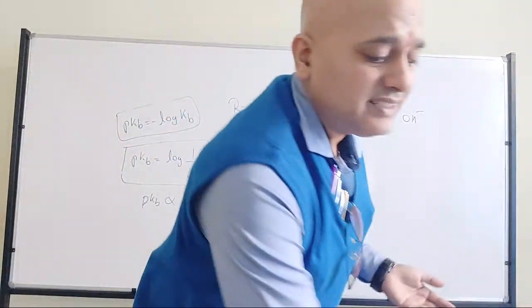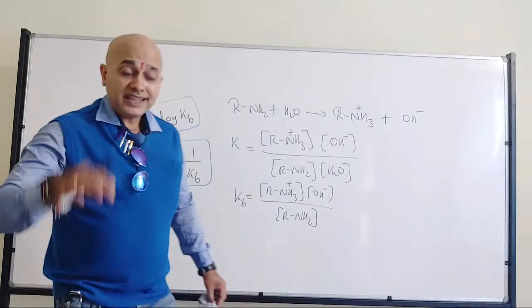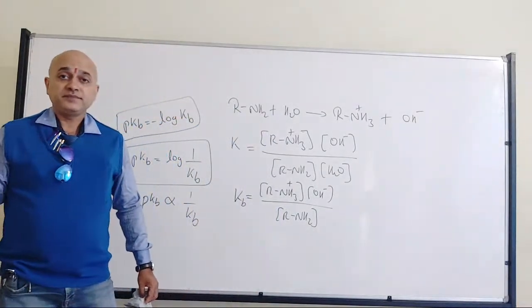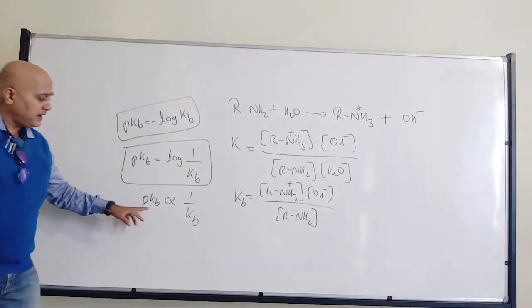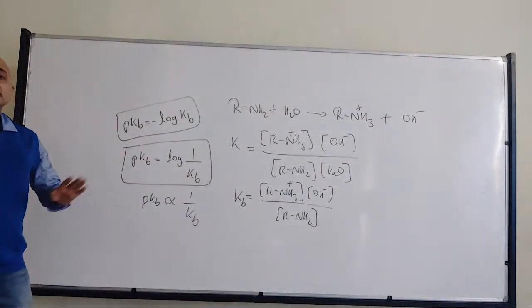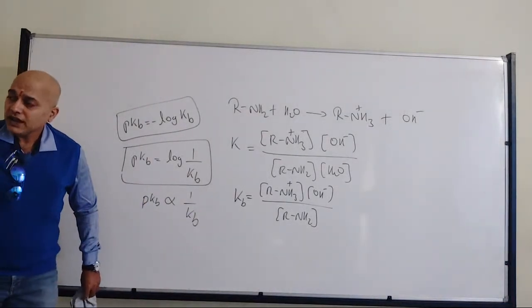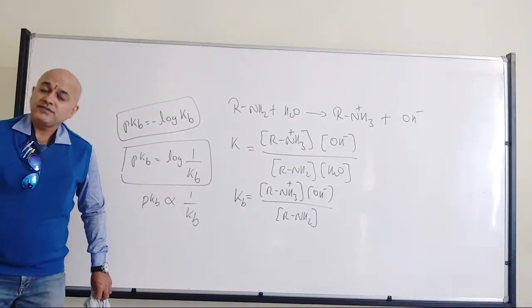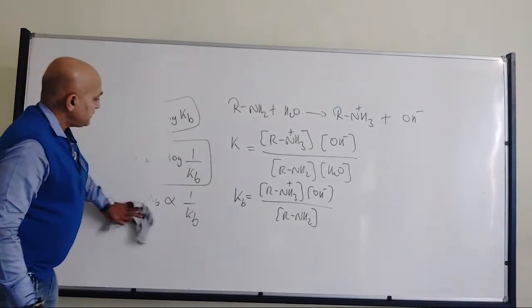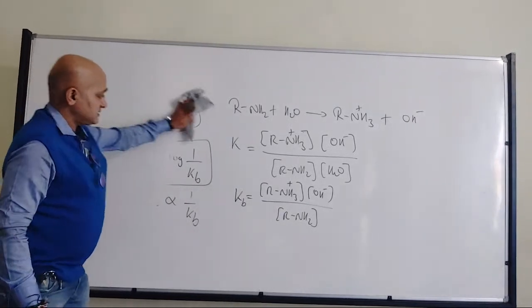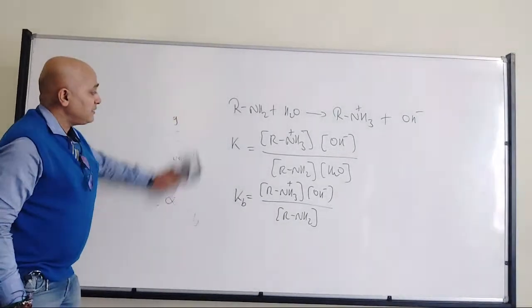As there is an increase in the H plus concentration, pH value is going to decrease. Same logic is applicable: as there is an increase in the Kb, pKb value should decrease. All of you have understood? Fine. Any doubts? If that is the case, you should tell me.